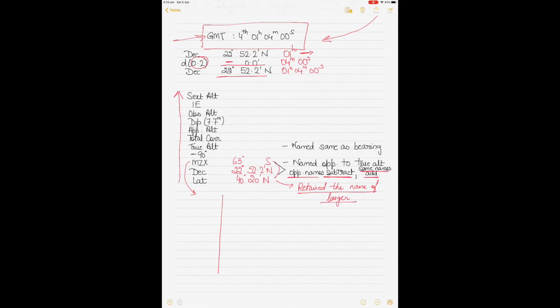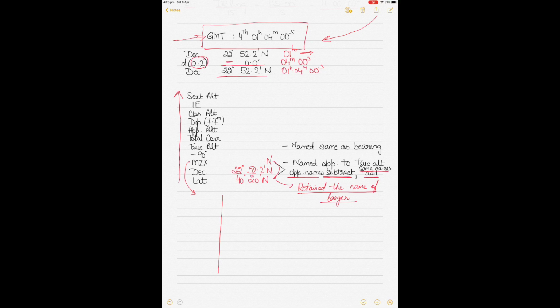Then the latitude would have become south here, right? But we know for a fact that we are not in south latitude, we are in north latitude. So this cannot be right. So we'll erase this. So this cannot be south, because we know for a fact that we are in north latitude. So that means MZD has to be north.